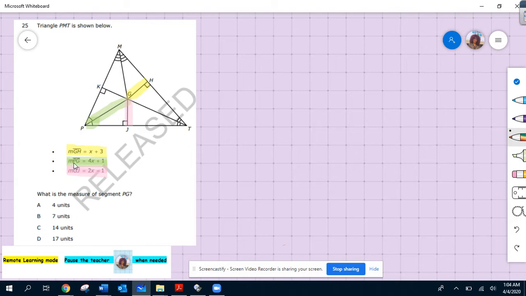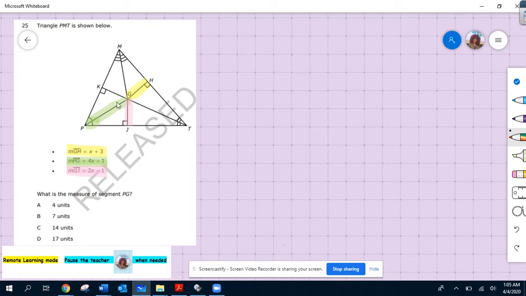Another measure is the segment PJ, so this distance also is given, and the measure of GJ, so this segment is also given, and they are labeled with the same color. The question is, what is the measure of PJ?